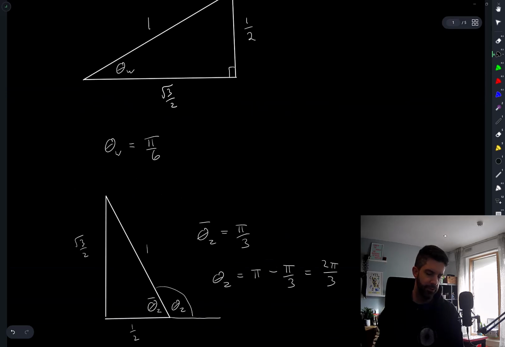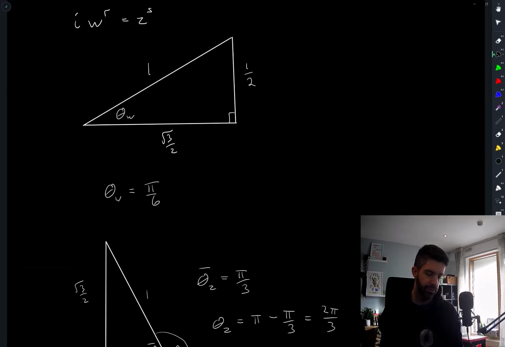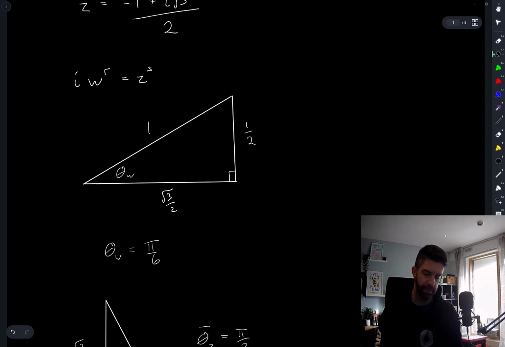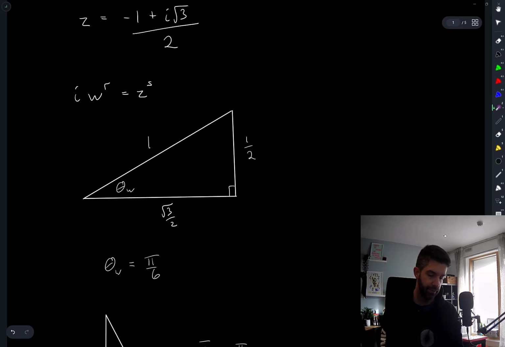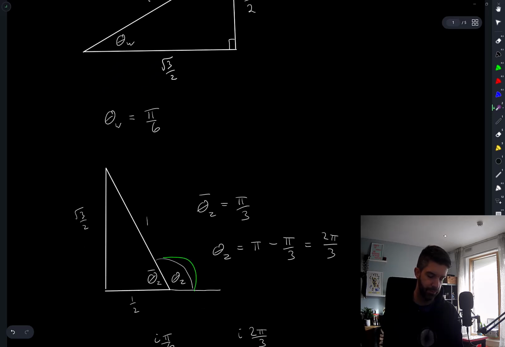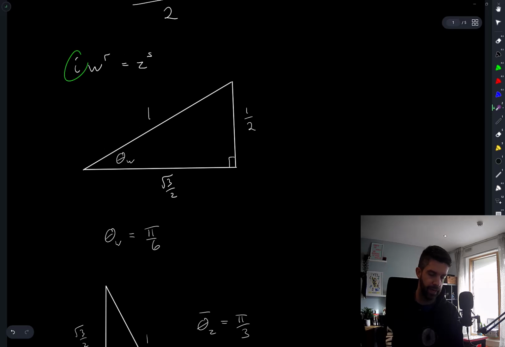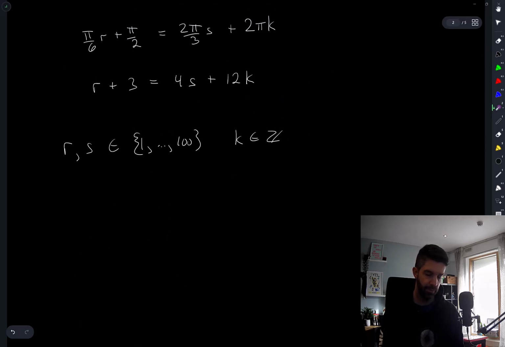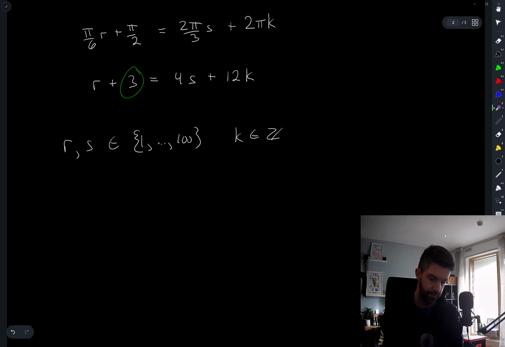If I think about this in terms of actual rotations, well, that's going to be hard because every time we increase this power, we rotate by this angle, pi over 6. Every time we increase that power, we rotate by 2 pi over 3. But there's this i thrown in there, which of course gives rise to the 3 here. I mean, I can see immediately one of the answers is that r and s are both equal to 1.